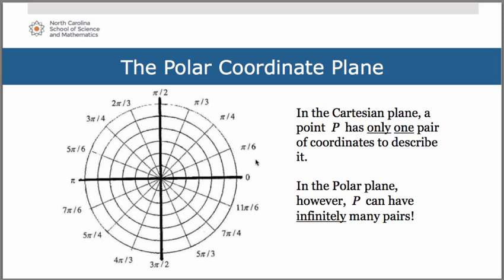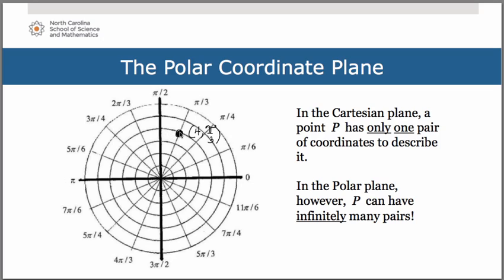So for instance, if I were to have a point right here, which is the point (1, pi over 3), there are going to be other ways to identify that same point. Because instead of thinking of this as angle pi over 3, I could think of it in terms of the negative coterminal angle, negative 5 pi over 3.